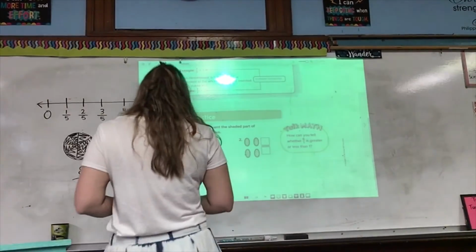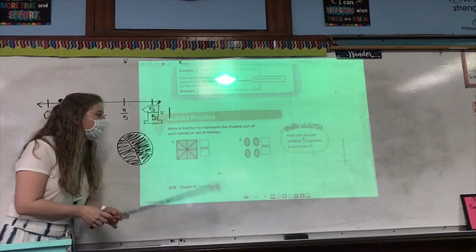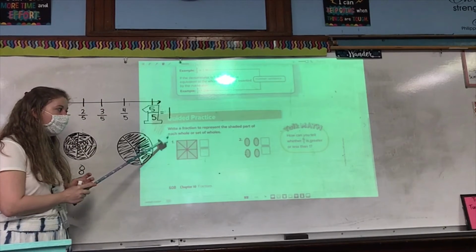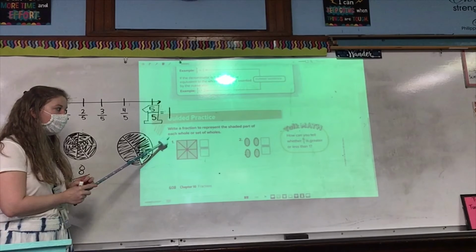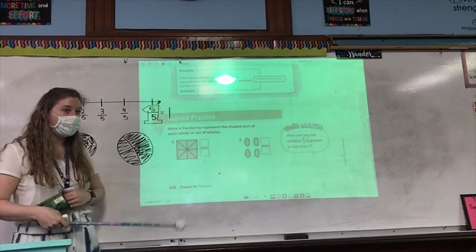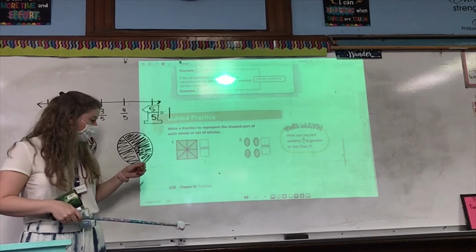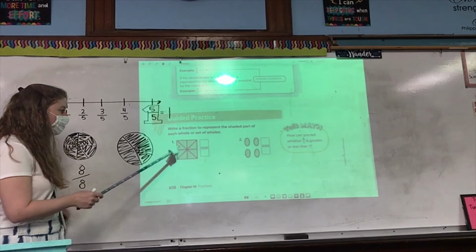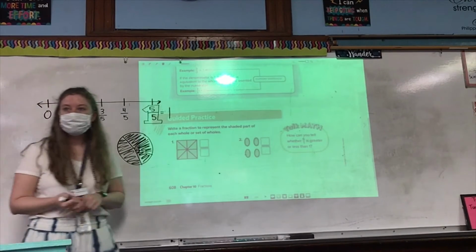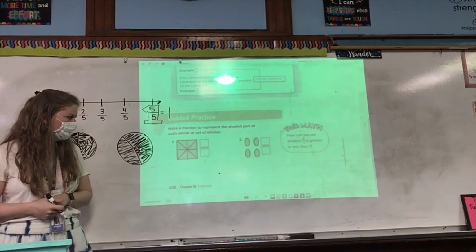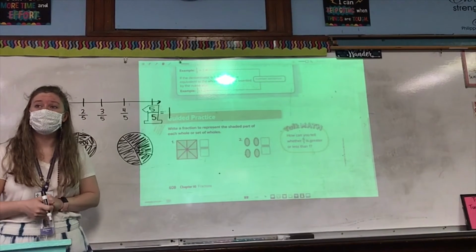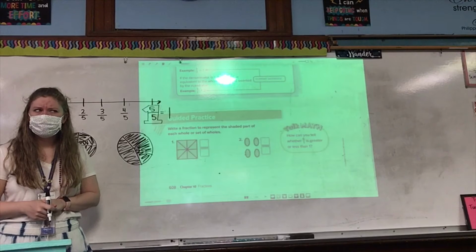Okay, so for the guided practice, they're giving us pictures. And we have to write a fraction to represent the shaded part of each whole or set of wholes. So in number 1, we have a square shape. Victoria, how many squares do we have? How many total separate squares do we have?